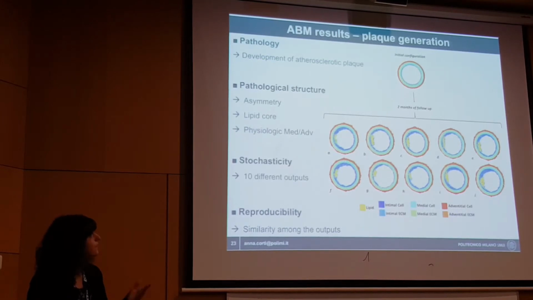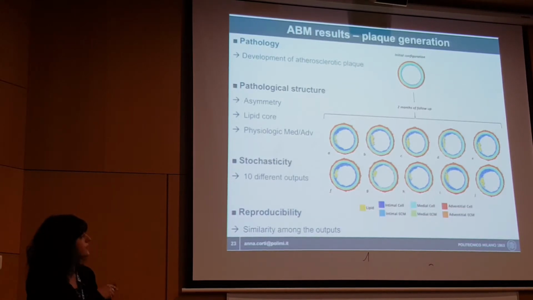This figure shows how, starting from an initial configuration representative of a healthy artery, when the model is initialized with a heterogenic wall shear stress profile, all the simulations replicate a pathological wall remodeling with generation of a plaque that is shown in yellow.